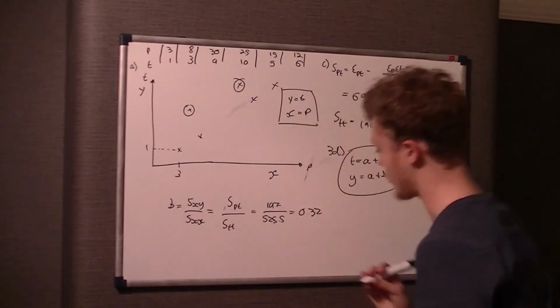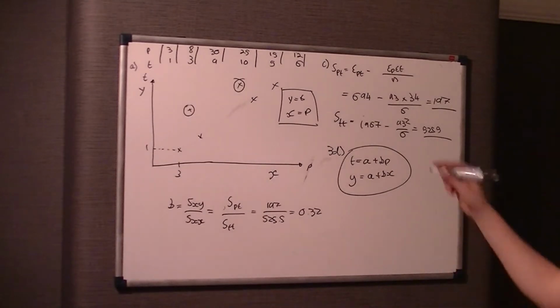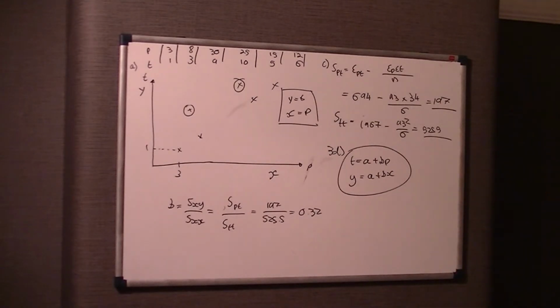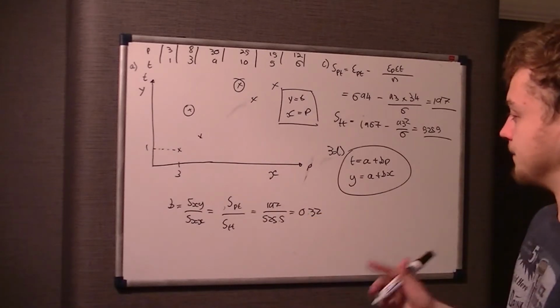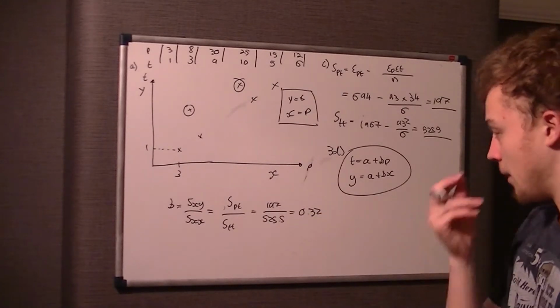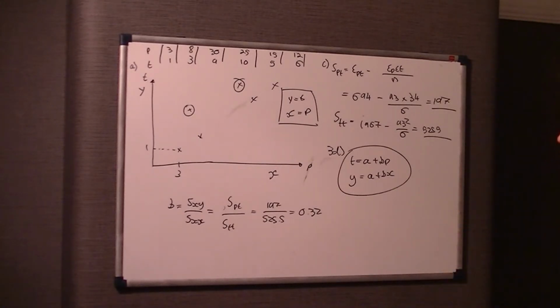Okay, it's 0.317, but don't go rounding it straight away, because we're going to need an exact figure when we do this equation again. It won't make too much of a difference if you just use 0.32, but I like to be accurate.